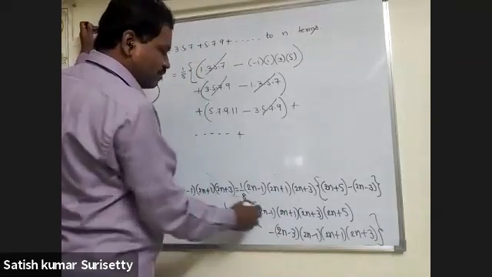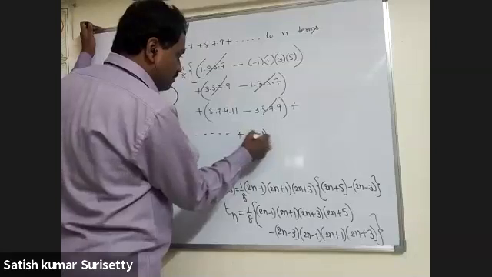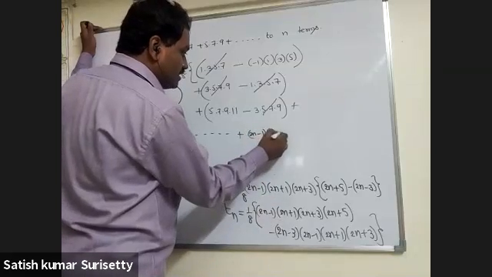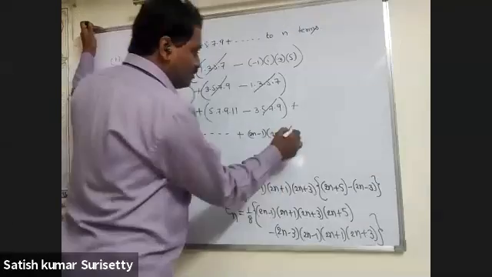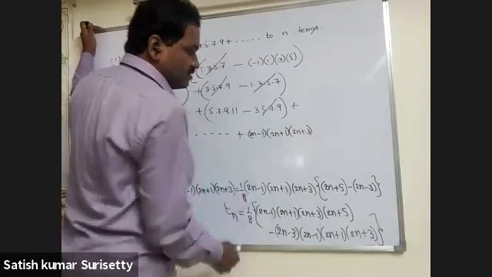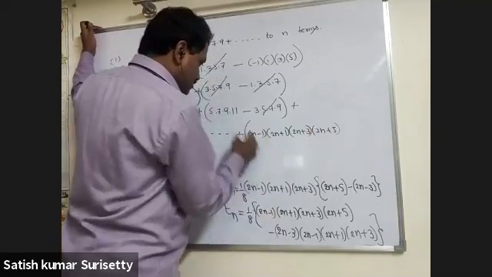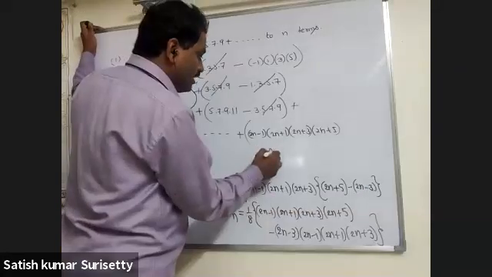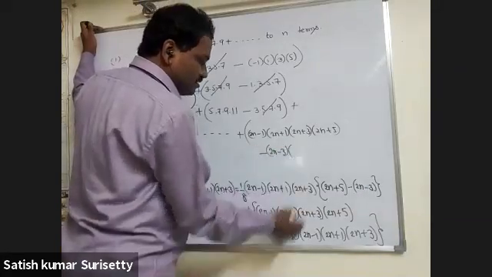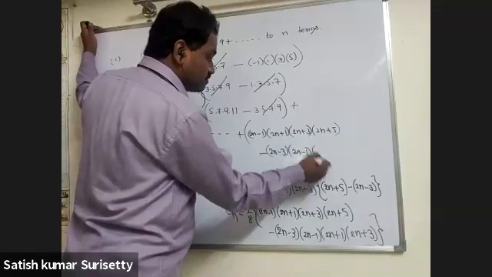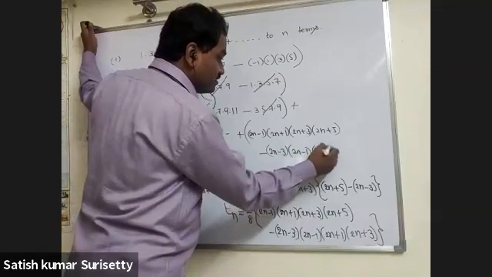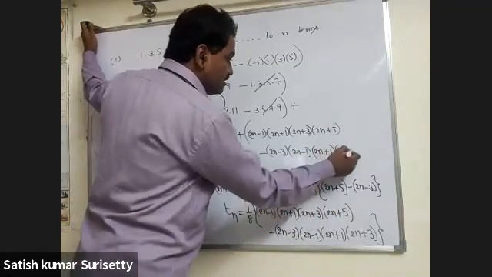So 1 by 8 is common already. (2n minus 1)(2n plus 1)(2n plus 3)(2n plus 5) minus (2n minus 3)(2n minus 1)(2n plus 1)(2n plus 3).